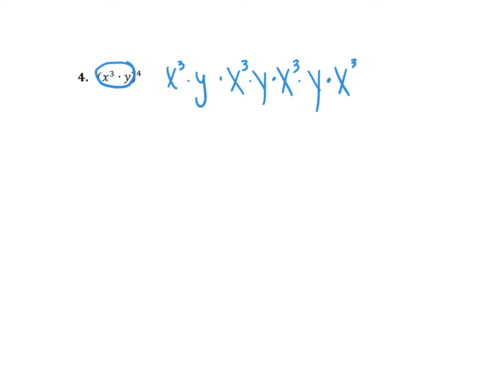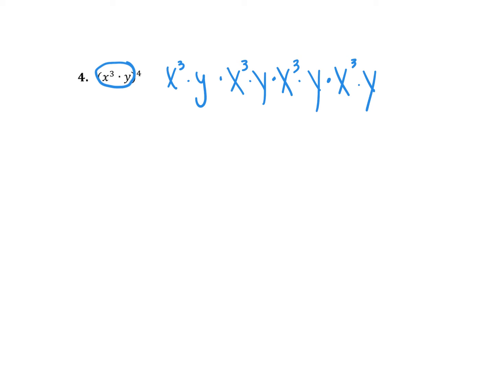All right, for question number 4, I have x to the 3rd times y to the 4th power. So let's write this out just like we did before, and then so we're going to take this. We have 4 of them. So I have x to the 3rd times y times x to the 3rd times y times x to the 3rd times y, and I'm going to do it one more time, x to the 3rd times y.